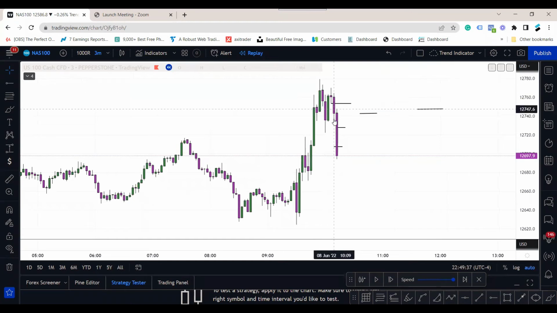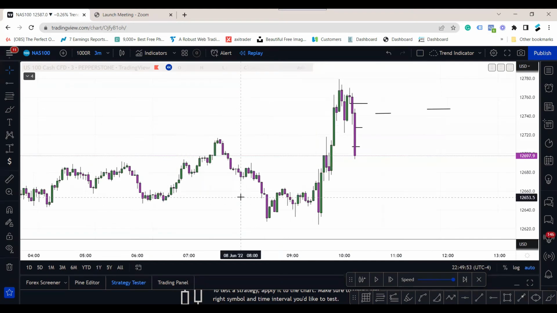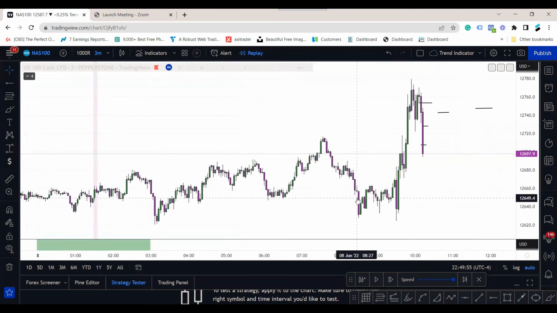and I see this. Right, this happened at 10 o'clock last night. Market open at 8:30 is around here. Right, 8:30, market open at this candle, bearish candle down.